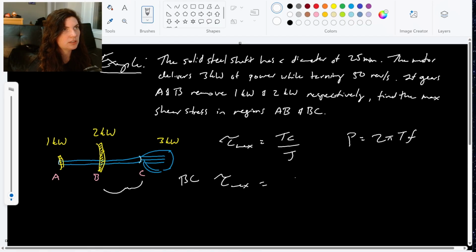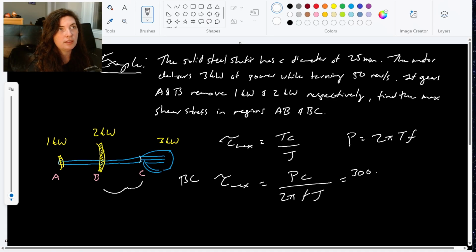If I simplify this equation, I'm going to get the power times c over 2 pi frequency times J. And I'm given everything I need to calculate these values, right? The power in section BC here is 3 kilowatts. It has not lost the 2 kilowatts to B or the 1 kilowatt to A yet, so the power being delivered in the shaft there is the full 3 kilowatts.